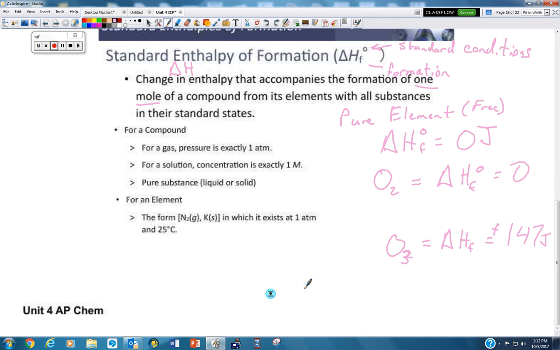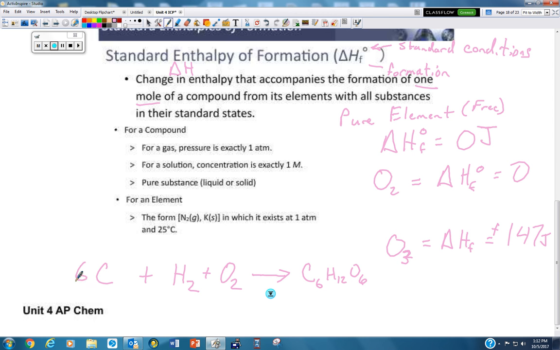So let's just say that we wanted to form glucose. Glucose is C6H12O6. So if I wanted to make glucose, what are the components that I need? Carbon plus hydrogen plus oxygen, and we're going to write oxygen as O2. And we do need H2 as well because hydrogen is diatomic. So now all we have to do is balance it.